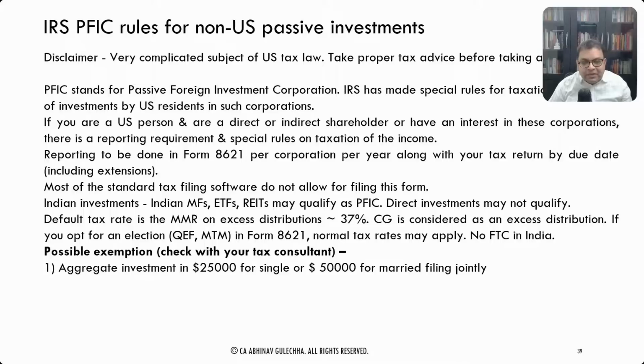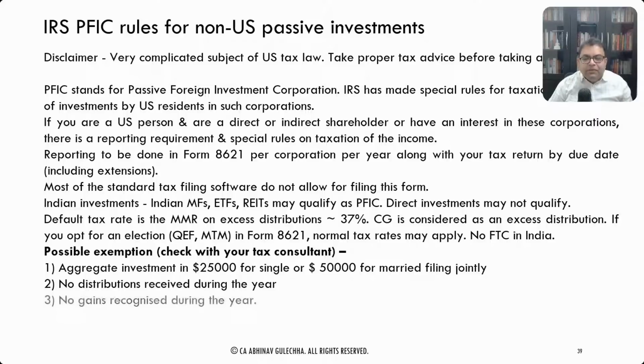The aggregate investment in all the PFIC investments for that particular year is 25,000, 50,000. That's the threshold. Below this, the second condition is you have received no distributions from these investments. Third is no gains recognized during the year.